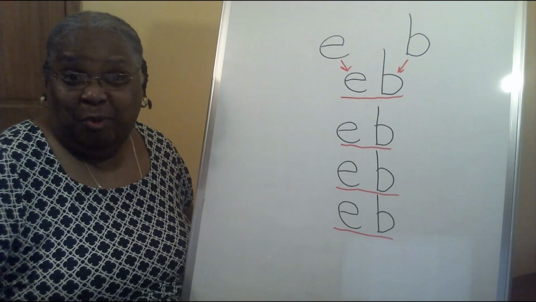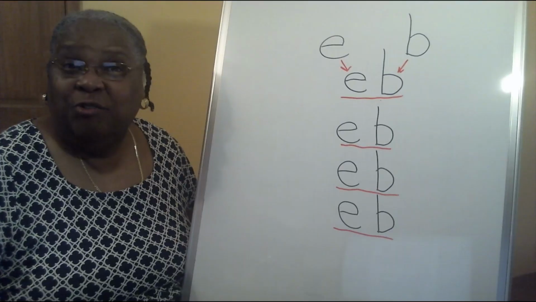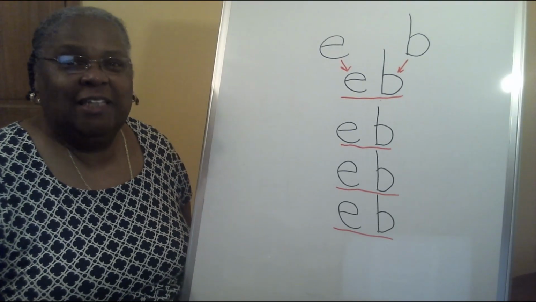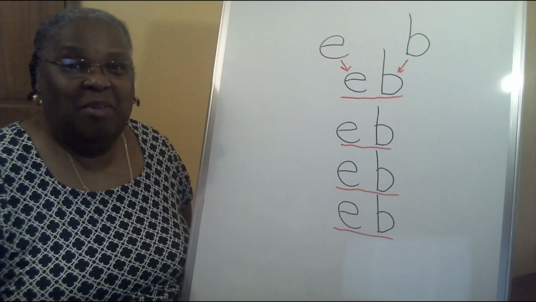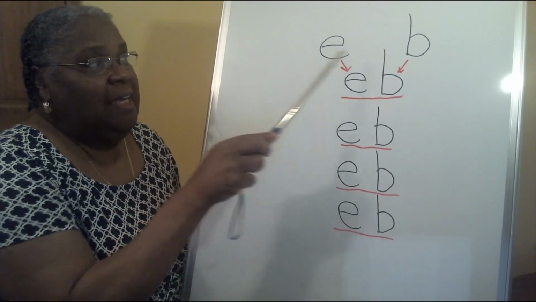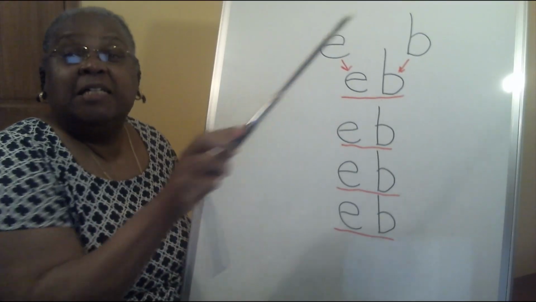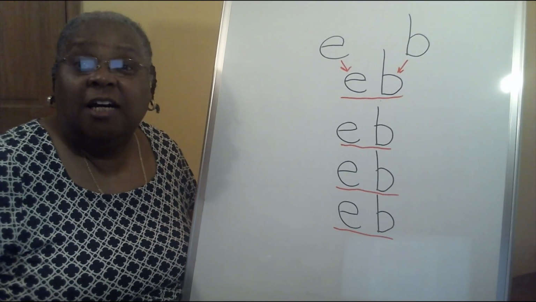Hi, I'm Donna Marie. In today's lesson, we're going to learn to use the rhythm of sound to speak the sound of words. We are going to form words that rhyme with the blended letters E, B. Some words that rhyme have the same lettering at the end of the word.